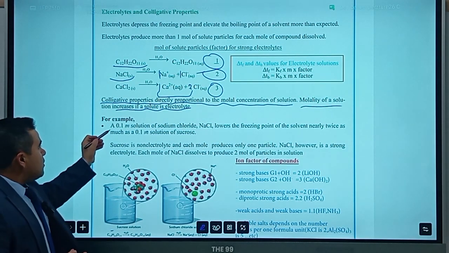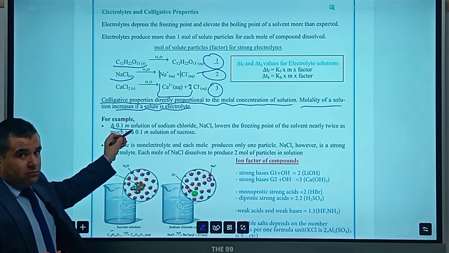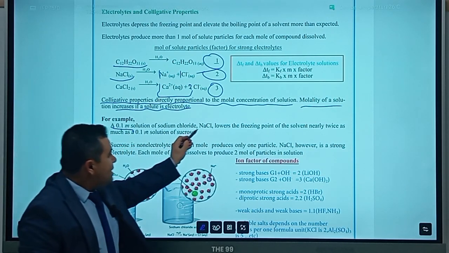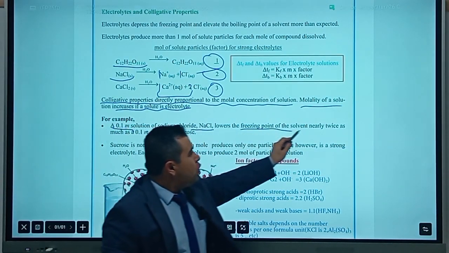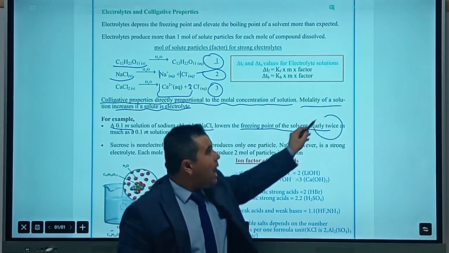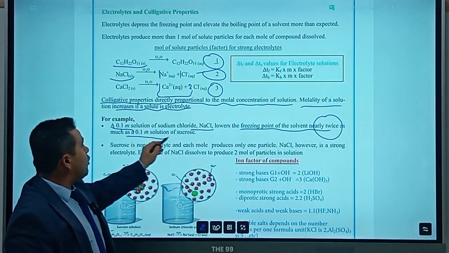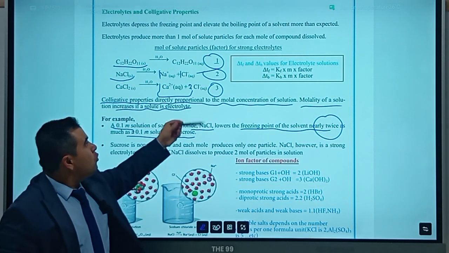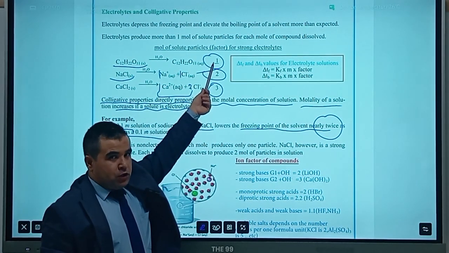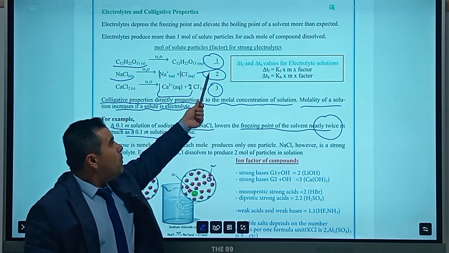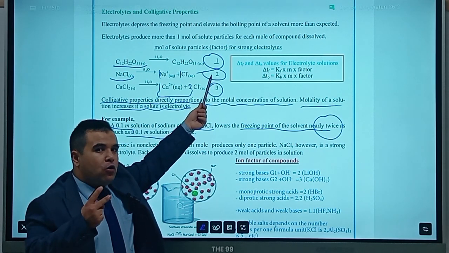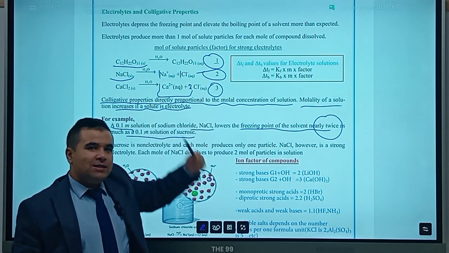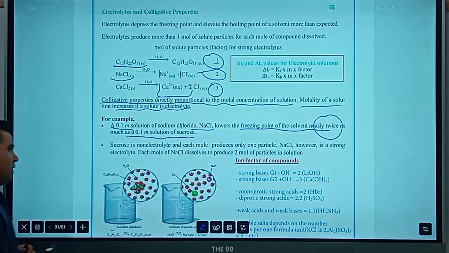For example, guys, 0.1 molar NaCl lowers the freezing point of the solvent almost twice as much as 0.1 molar sugar. Why? Because one sugar molecule will produce one dissolved molecule, but the NaCl will produce 2 ions, which has twice the effect of the sugar.